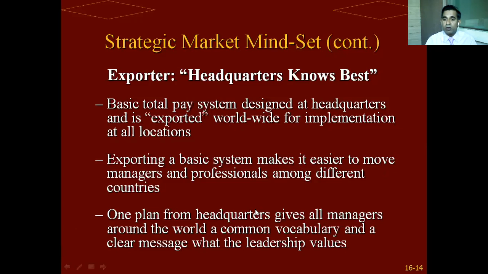One plan from headquarters gives all managers around the world a common vocabulary and a clear message of what the leadership values are and what the compensation system is. So implementation becomes easy, and for a multinational company it becomes easier to move managers and professionals among different countries. There won't be additional difficulties in managing the compensation systems of these managers who move throughout different countries. But the disadvantage I also mentioned.